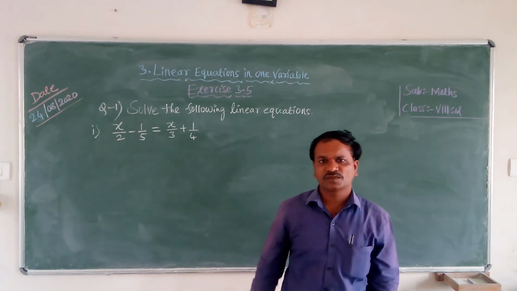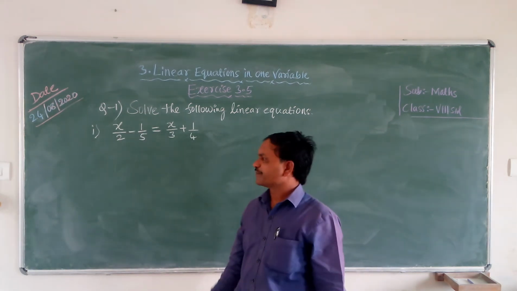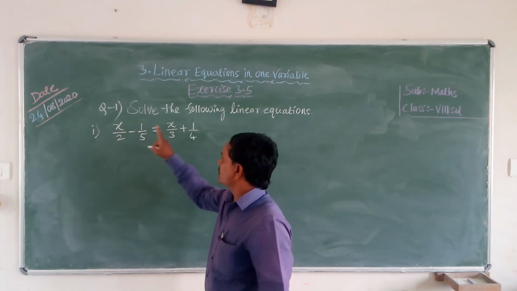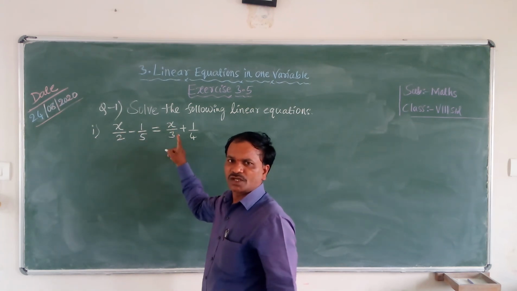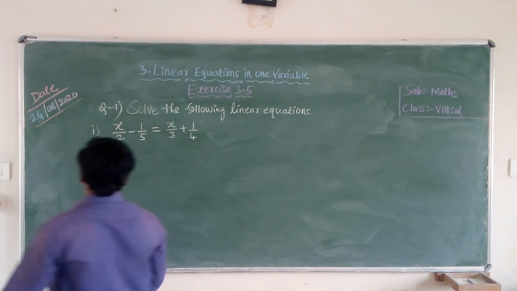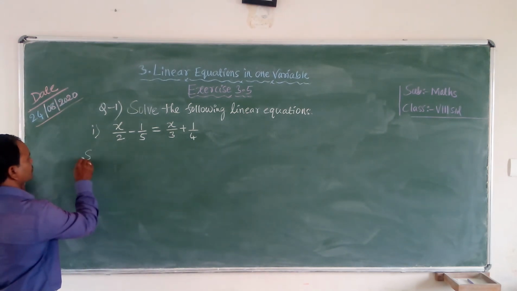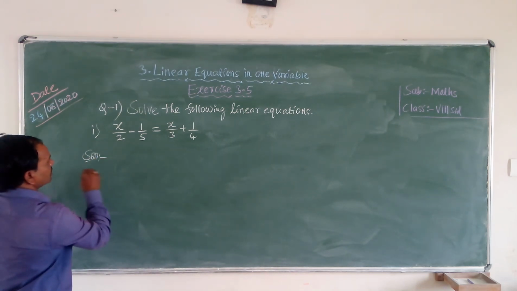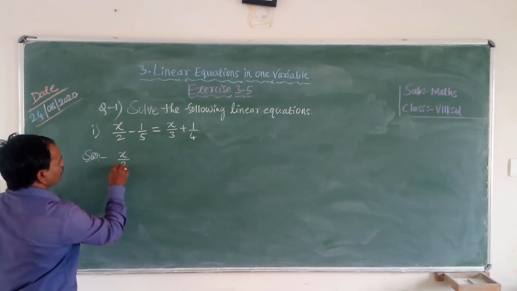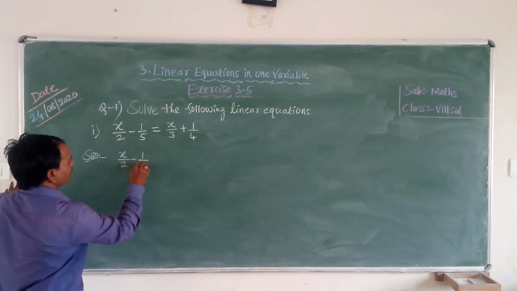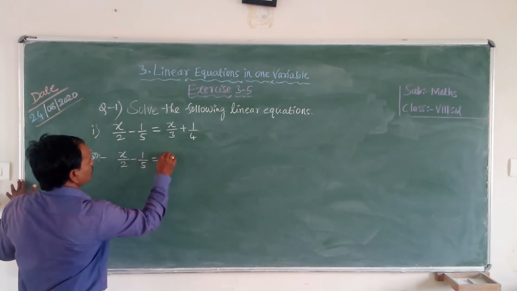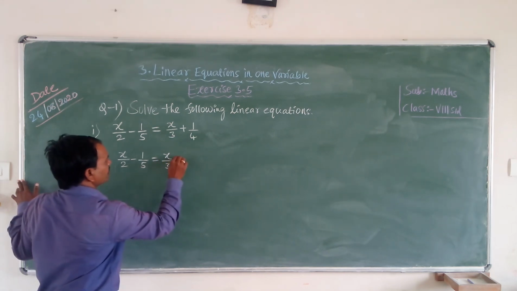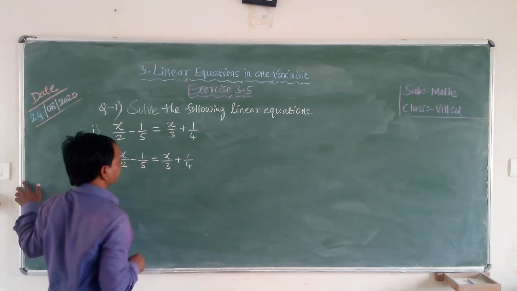How to solve this? Here x is there, here also x is there. So take the x terms to one side, the LHS part, and solve. So x by 2 minus 1 by 5 is equal to x by 3 plus 1 by 4.